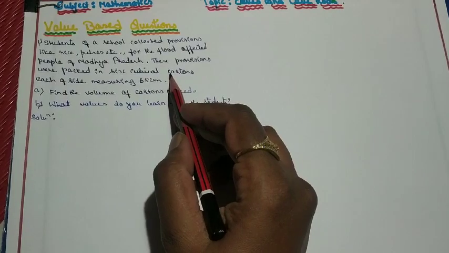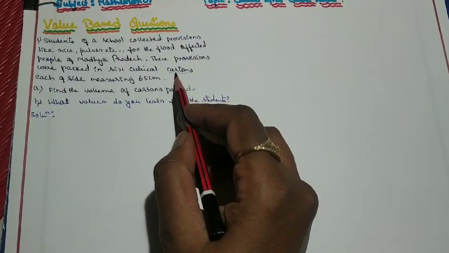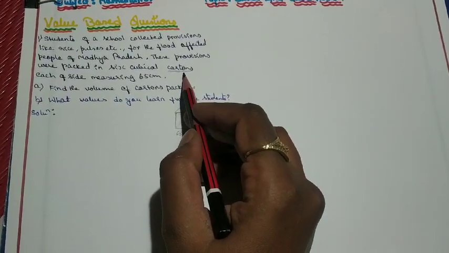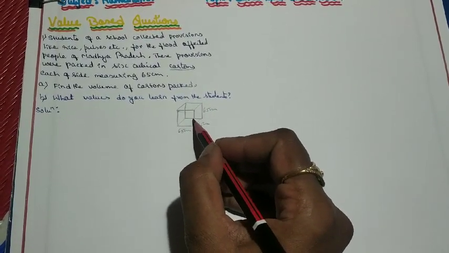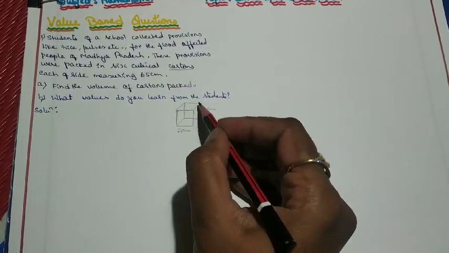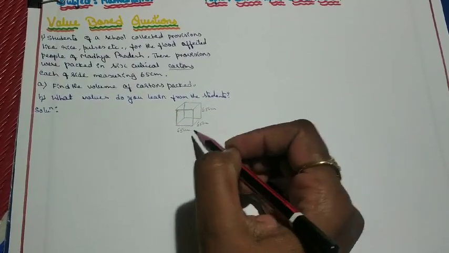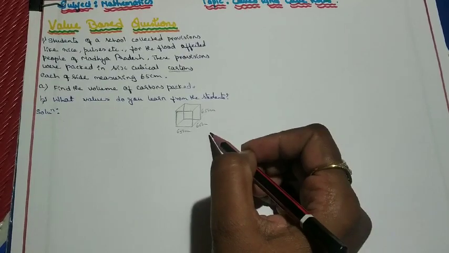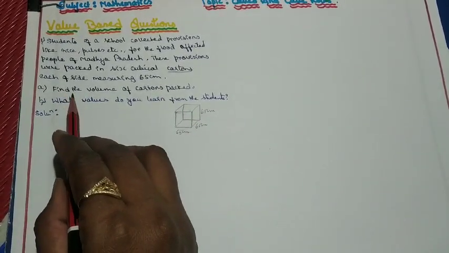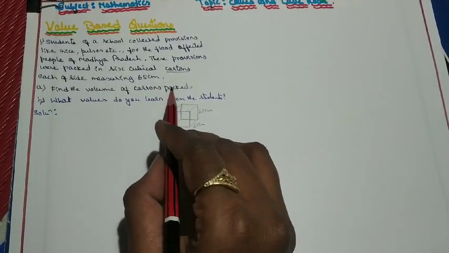So here cartons are nothing but cardboard box whose measure is 65 centimeter, and this is in the form of cubical shape. It's nothing but the edges are of same measure. So here the first question asked is find the volume of cartons packed.